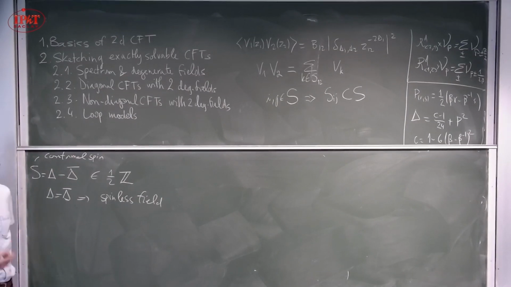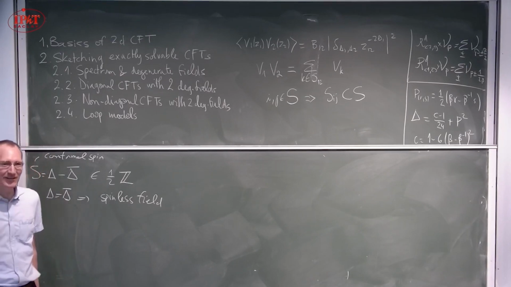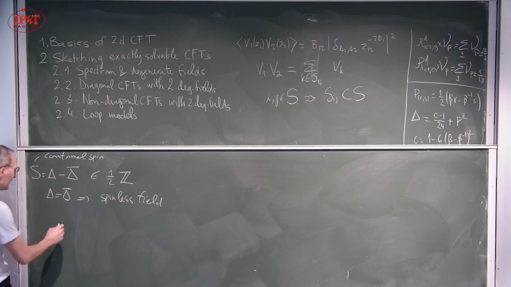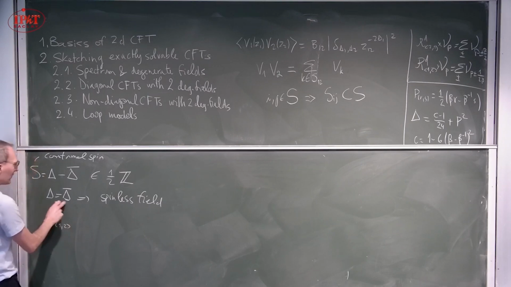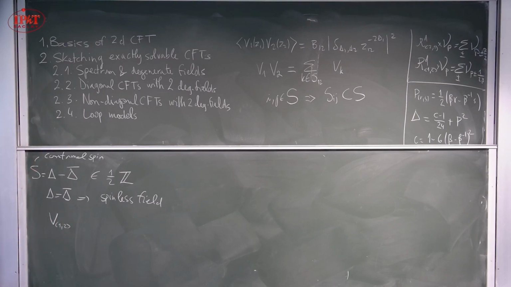Sometimes in the literature it's called a diagonal field, but now I want to define a slightly different type of diagonal field. Because the degenerate fields play a very important role in exactly solvable CFTs, what matters is not just that the spins are equal on the left and on the right, but also that they remain equal after I do an OPE with some degenerate field.